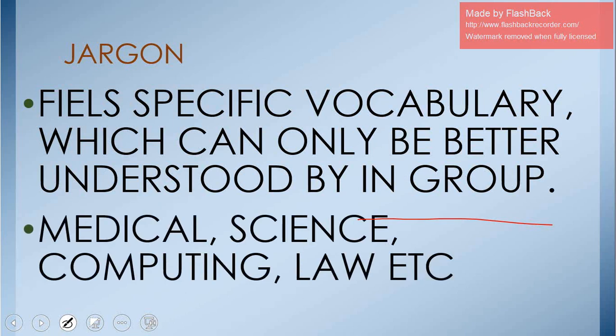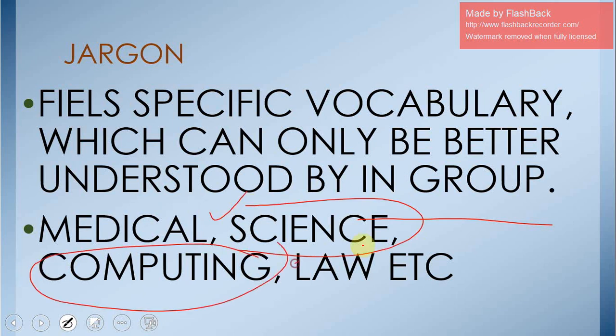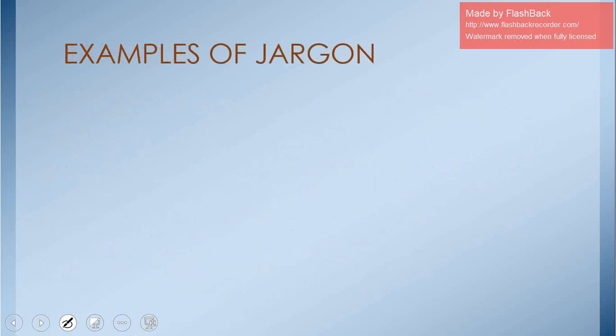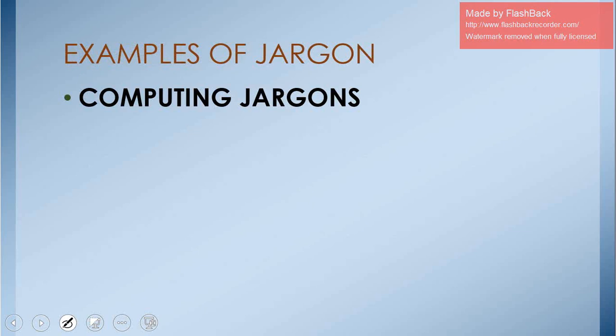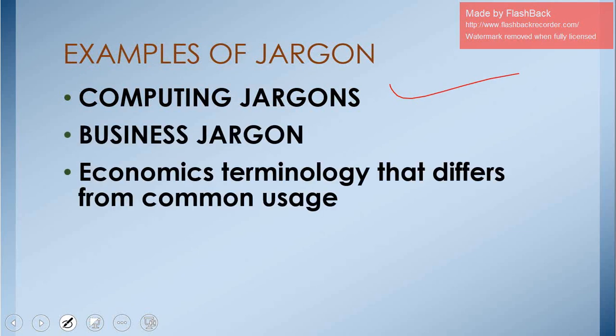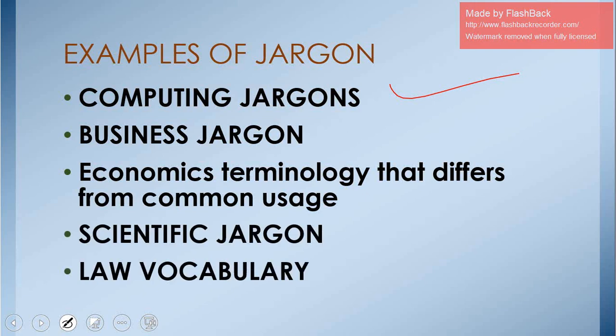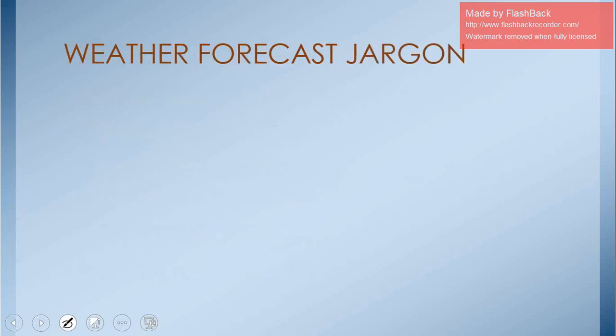Medical science, computing, and law are all examples of jargon. There are computing jargons, business jargons, economic terminologies that differ from common usage, scientific jargon, law vocabulary, or weather vocabulary, etc.